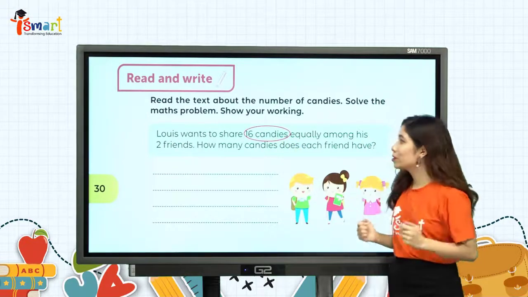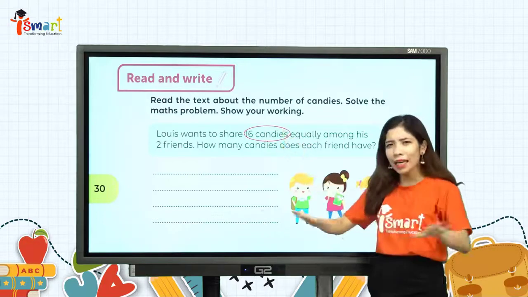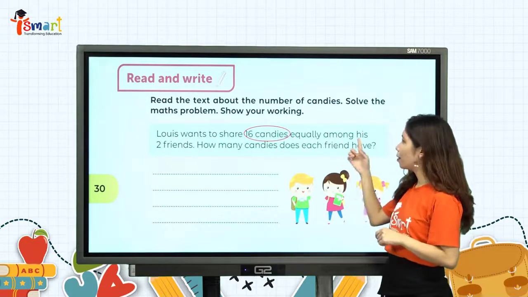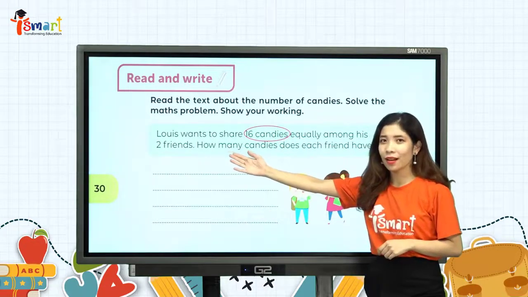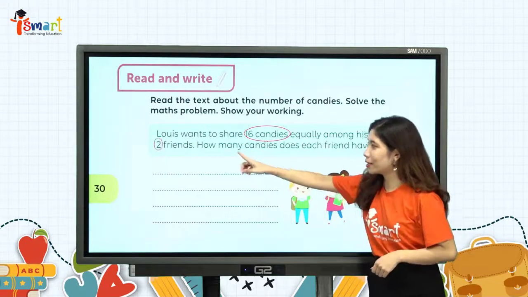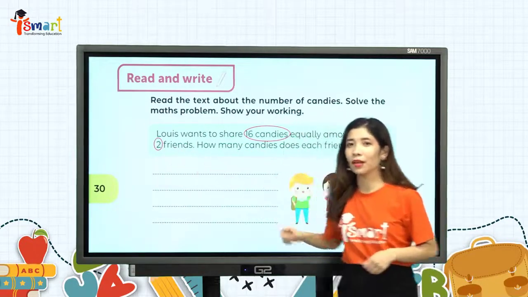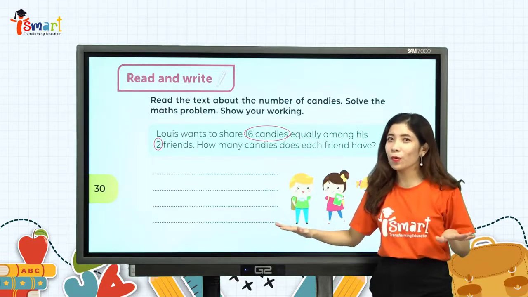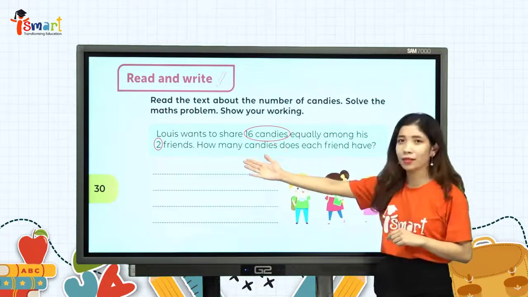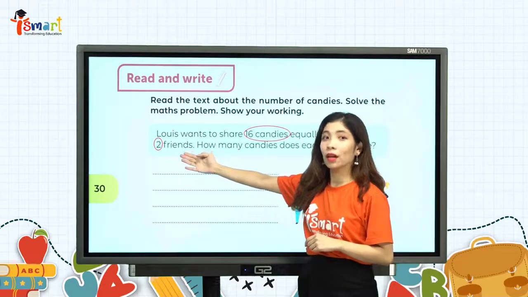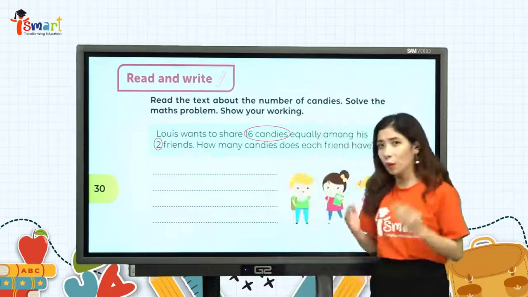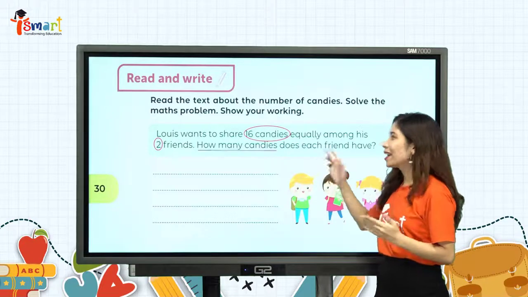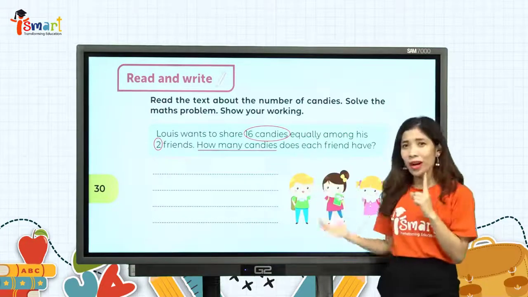Now, he wants to share these candies equally among how many friends? 2 friends. Can you see number 2 here? Now, one more time. Can you read equally? Equally. And how many friends does he have? 2 friends. The question is, how many candies does each friend have?